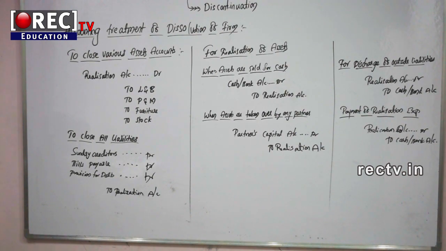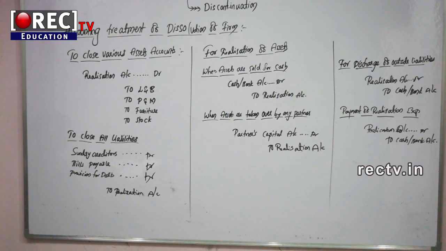To close the various asset accounts, all the asset accounts appearing in the balance sheet should be closed by transferring them to the realization account, by crediting them at their book values. So what is the entry? Realization account debit, to land and building, to plant and machinery, to furniture and to stock account. All these are credited in the realization account at their book values.